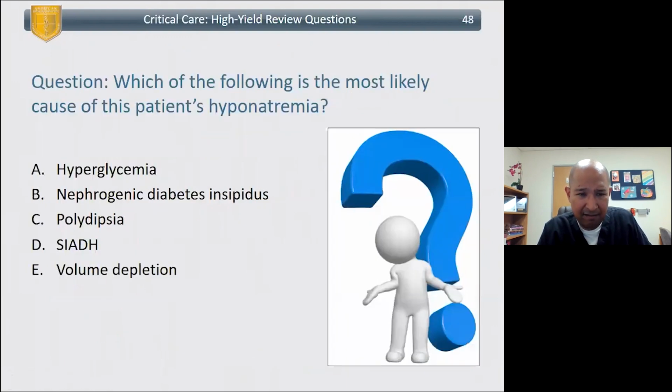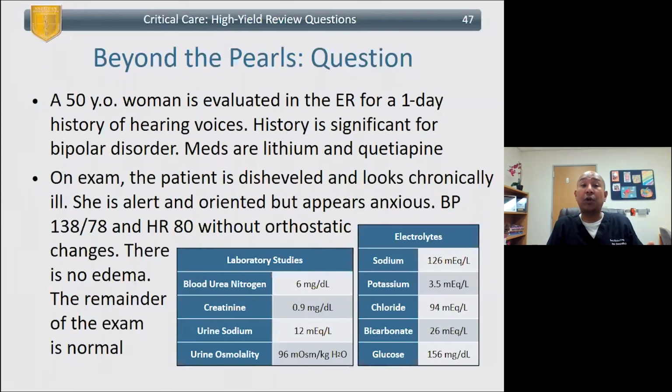Volume depletion. All right. If you're volume down, the urine sodium needs to be what? Low. All right. This could be it. Urine sodium is very low. And the last one was someone who has psychogenic polydipsia, like chugging water.